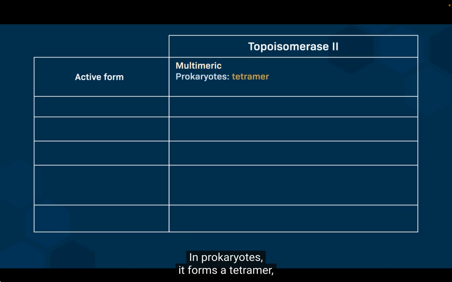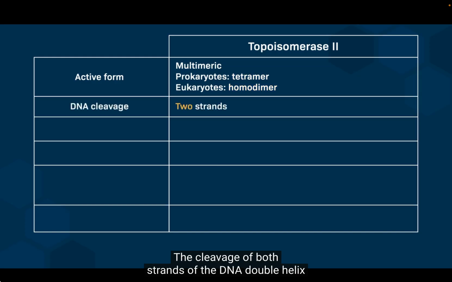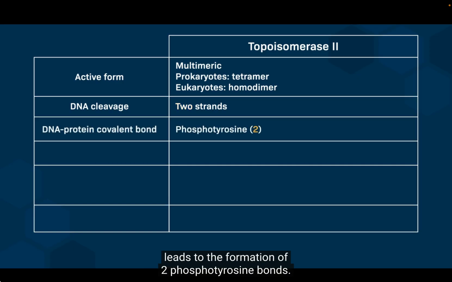In prokaryotes, it forms a tetramer, while in eukaryotes, it forms a homodimer. The cleavage of both strands of the DNA double helix leads to the formation of 2 phosphotyrosine bonds.